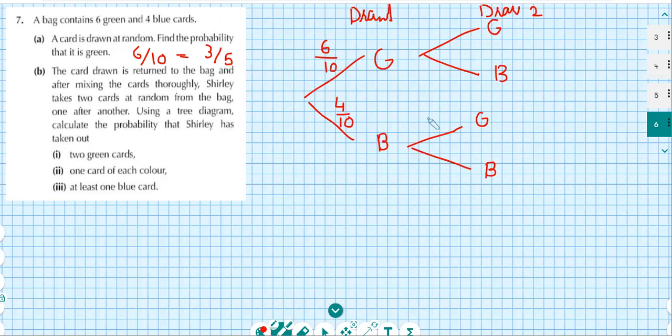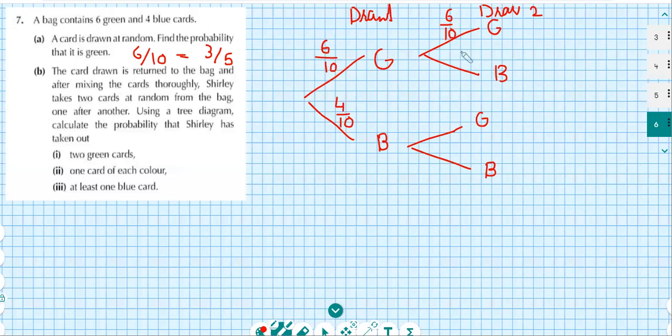And in the second draw, as you can see, if she gets green in the first draw, she replaces the green again. So it means the probability of getting green will be 6 over 10 instead of 5 over 9.